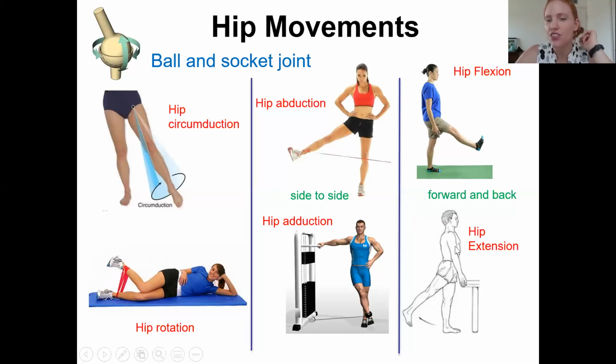And then technically this right here is actually called hyperextension, beyond the 90-degree plane there. So note that hip abduction is off to the side, side to side movements. Hip flexion would be front and back, and the same goes true for the arms. So this would be arm abduction, adduction, flexion, extension.